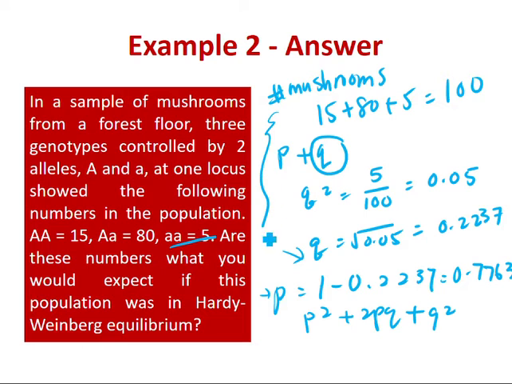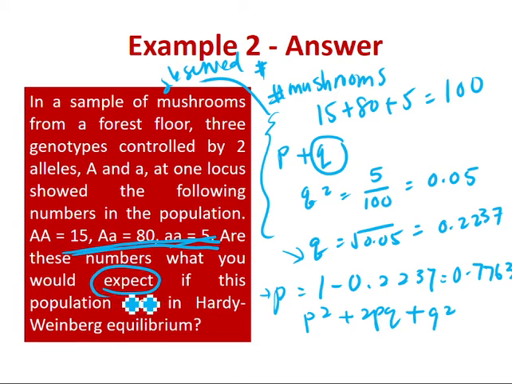So this is the observed information given. You now have to calculate the expected number or values. So you have to compute P and Q into P squared plus 2PQ plus Q squared. Right?